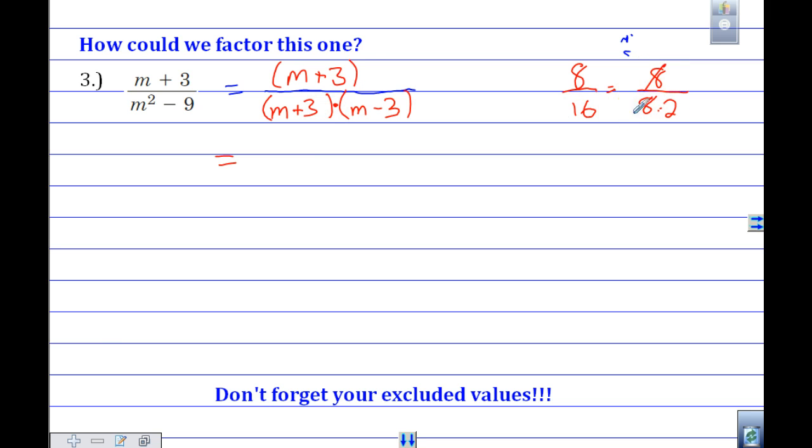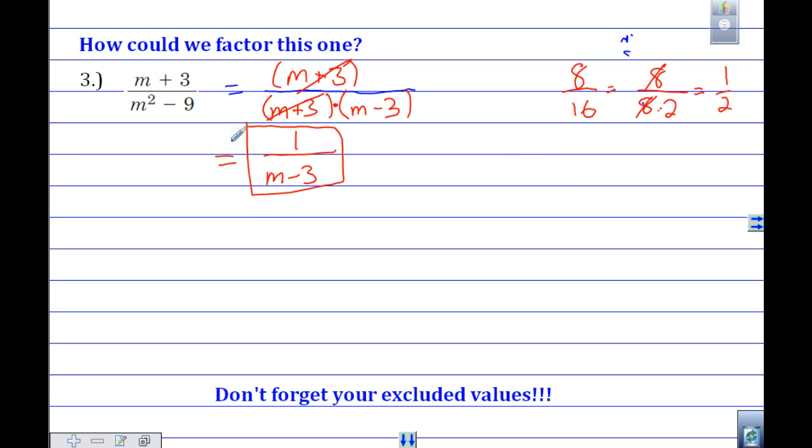And now something is identical on the top and bottom, so they cancel out. You're left with 1 over 2 here, so the same thing here. We're left with 1 over n minus 3. So it's the same exact rules as you learned in elementary school. It's just now we have to factor polynomials instead of just simple numbers. But the rules are all identical.